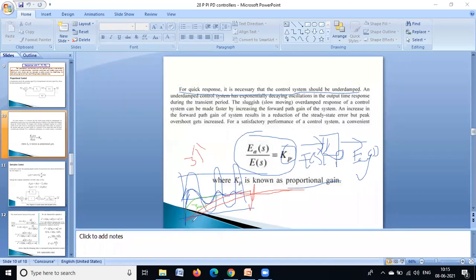the system becomes slow. When zeta is equal to 0, it is oscillatory, and it reaches very fast. When zeta is less than 1, it takes a little bit more time to reach the final value. This is the rise time. When zeta is equal to unity, it takes more time to reach the final value.